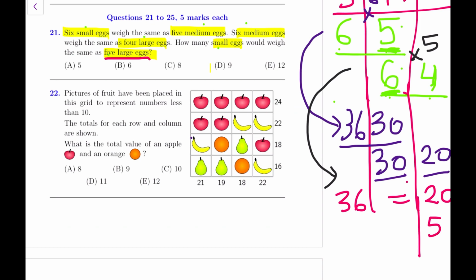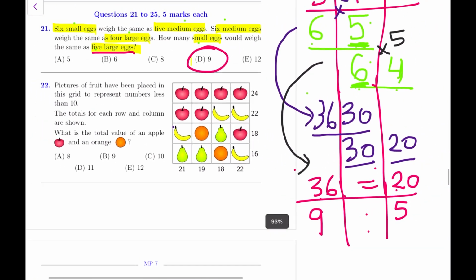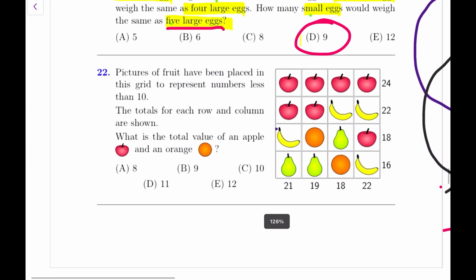I do want 5 here. What can I do? I can divide this by 4 to get a 5. I can divide this by 4, and that will be 9 to maintain the ratio. That means 9 small eggs will equate to 5 large eggs, and that's our answer. Here it is, D. We found the answer. 9 small eggs can weigh equal to 5 large eggs.